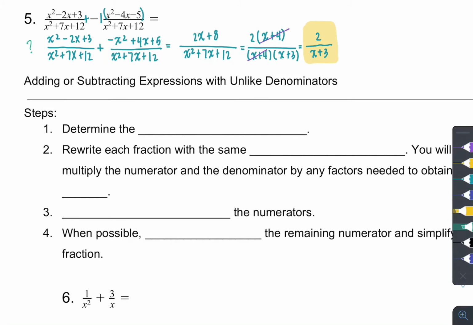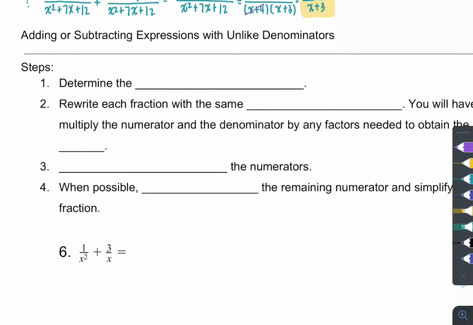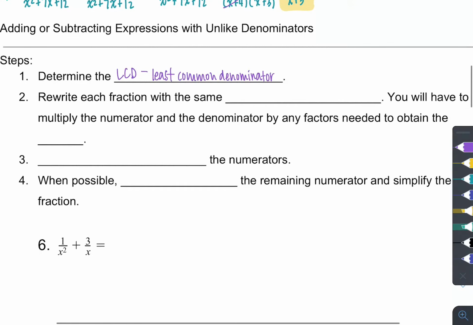Okay, so sometimes we're going to have fractions with not common denominators. So we are going to have to determine the least common denominator. All right, and then we'll rewrite the fraction with the same denominator. And the way you do that is by multiplying the numerator and the denominator by any factors to get the least common denominator.